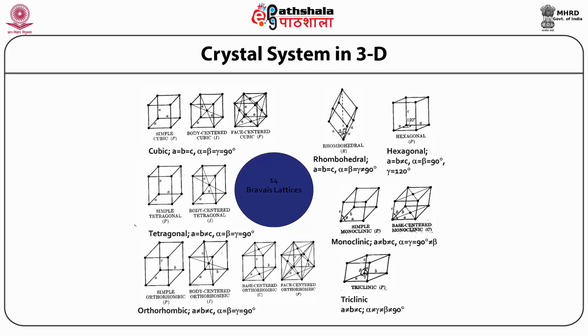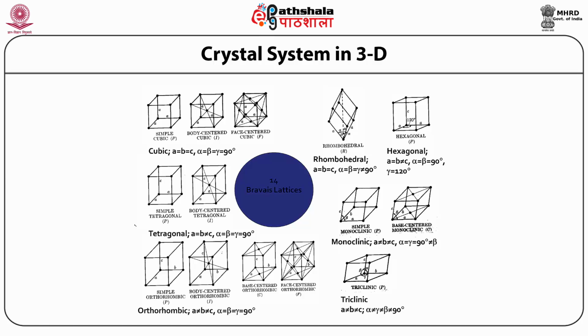As shown in the figure, a cubic lattice system has all the sides equal, that is A equal to B equal to C, and all the angles, that is alpha, beta and gamma, equal to 90 degrees. And it exists in simple cubic, body-centered and face-centered structure. Next is tetragonal.